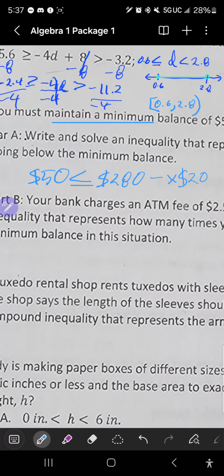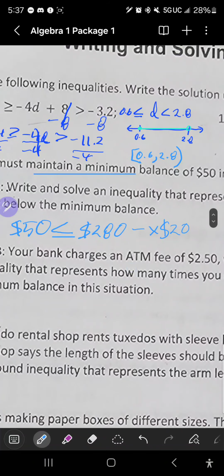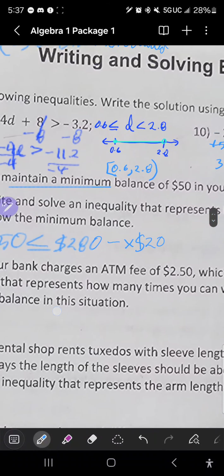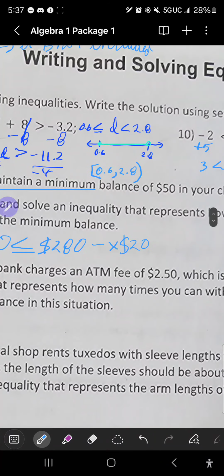going below $50. This is going to be our current money, the 280. That's the amount that we have right now. This is going to be the bills we are paying. You can put x, b, w.